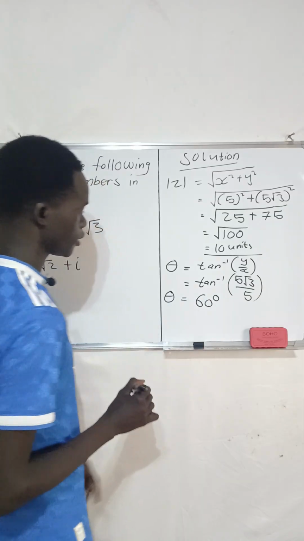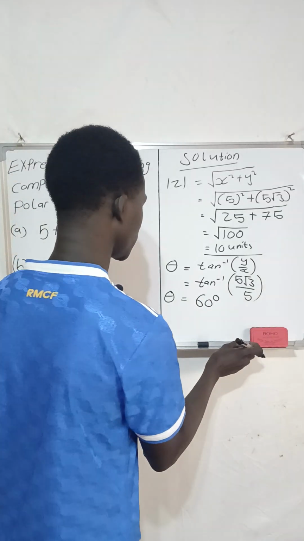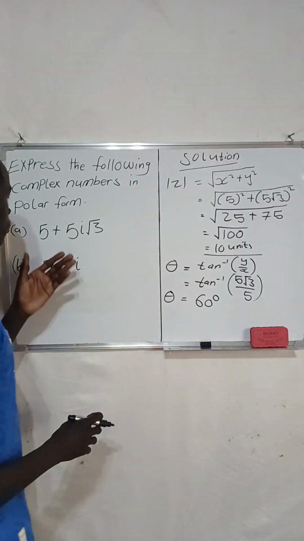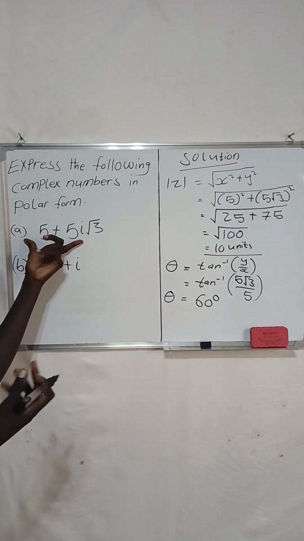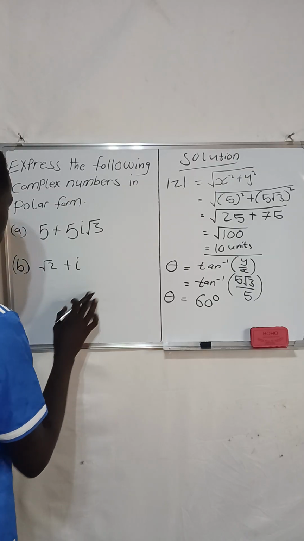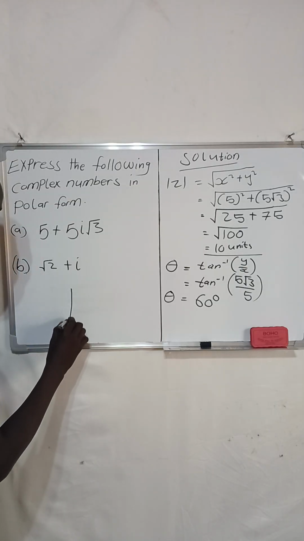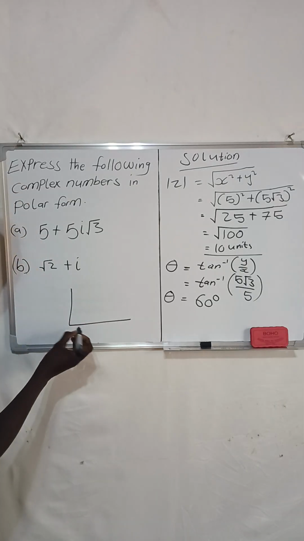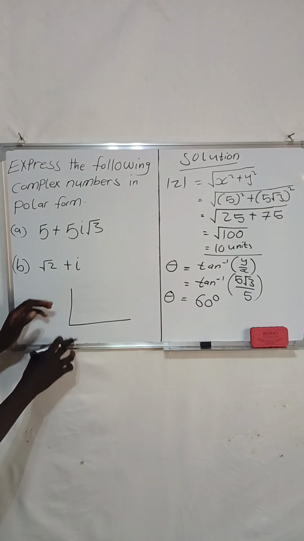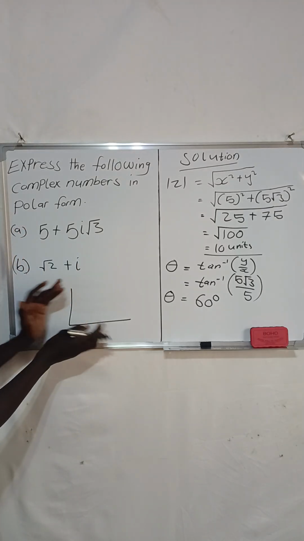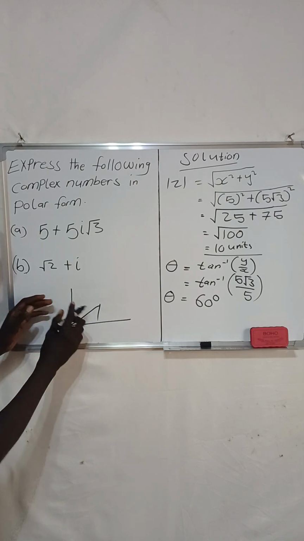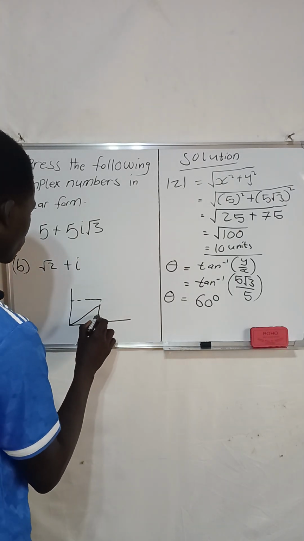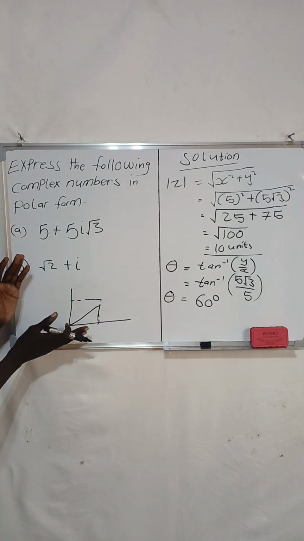Now take note here. First of all, this number falls under the first quadrant. Let's have a sketch. If you try to plot this number here, it falls under the first quadrant.